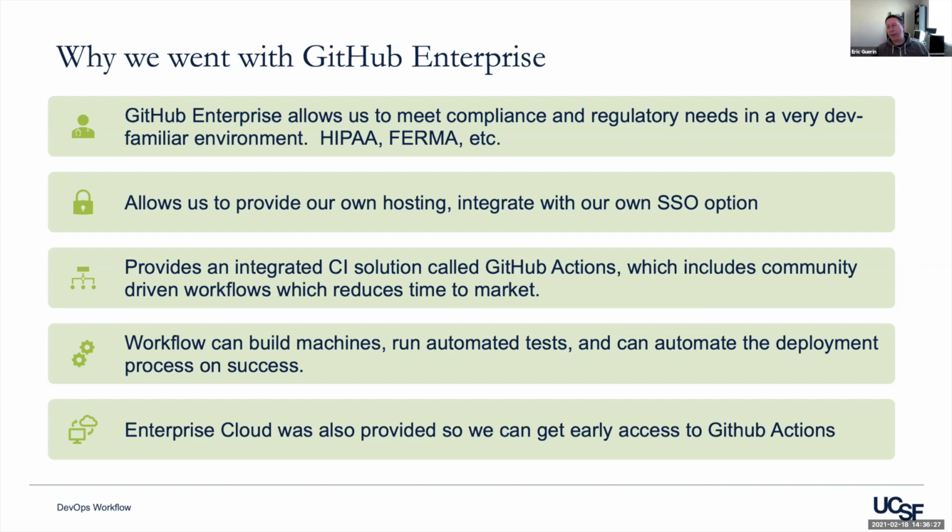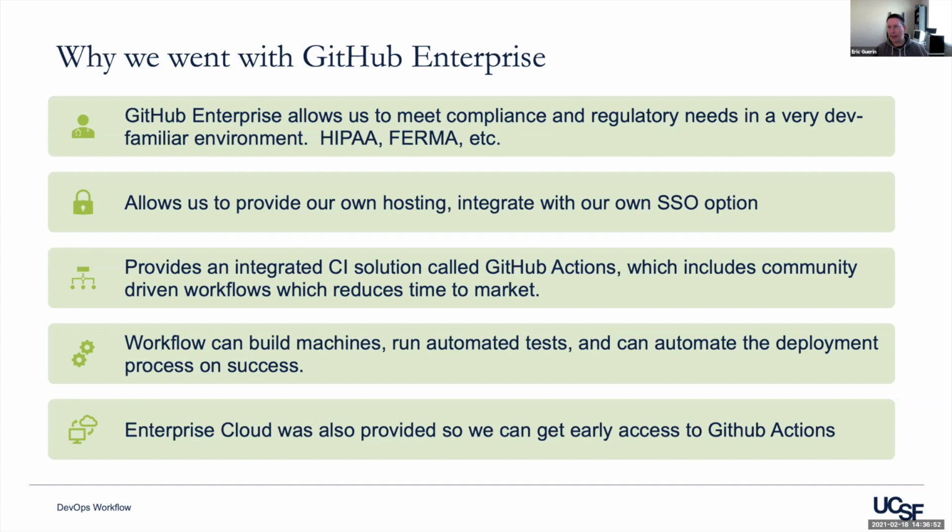The other thing is that because we are a medical institution, we have a lot of security concerns around HIPAA, FERPA, etc. So GitHub Enterprise allows us to build a solution on premise. And by doing it on premise, we also have our own SSO options, and we do our own hosting.